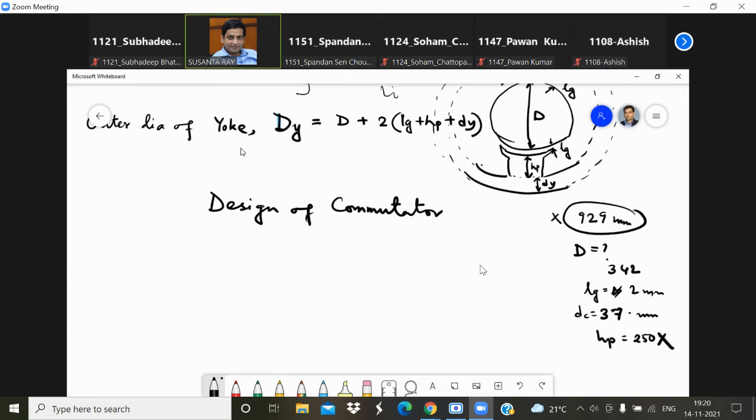You're getting a higher side. Check your calculation. The pole height, I think you have obtained little large. It is 60 millimeters, sir, I am getting. Pole height. Yes, sir.